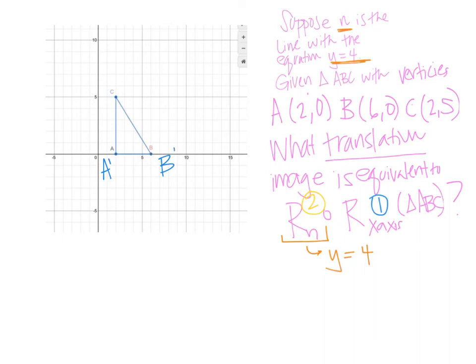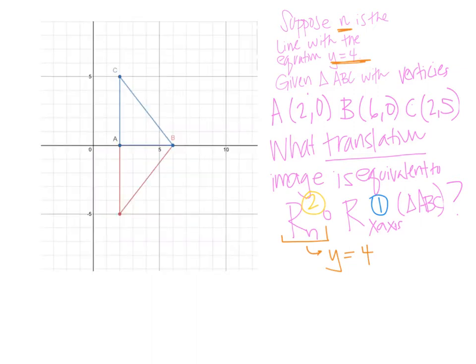The only thing I really have to move is my C. My C is 5 units away from the x-axis, so I'm going to flip it down 5 units, and it's going to go right here, C prime. Then I'm going to connect my dots, and that is my reflection. That's my first step, the reflection on the x-axis.